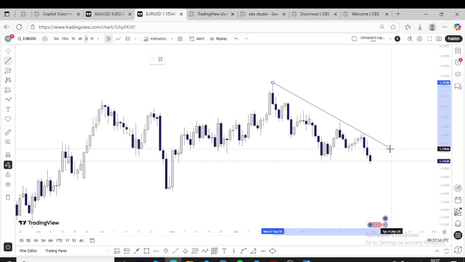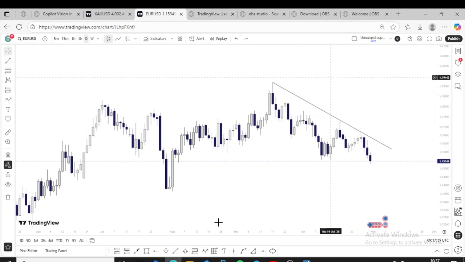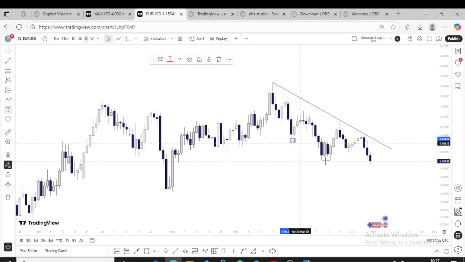EU has been bearish for quite some time now, since September. We can see that the market has been giving us lower highs and lower lows right here. Lower highs, lower low, lower highs, lower low, right? Good.